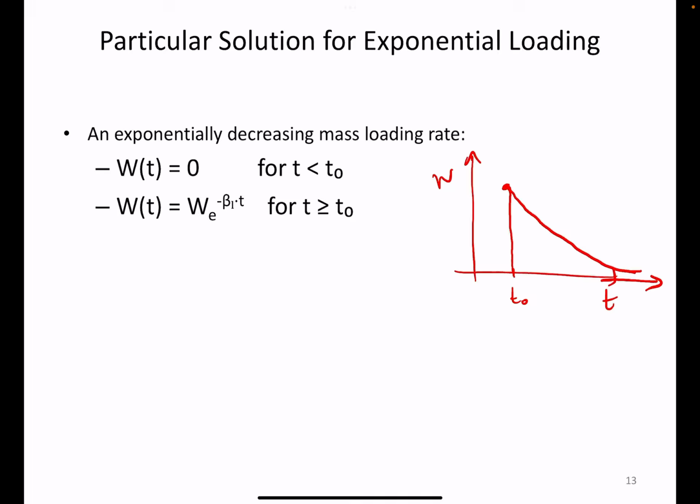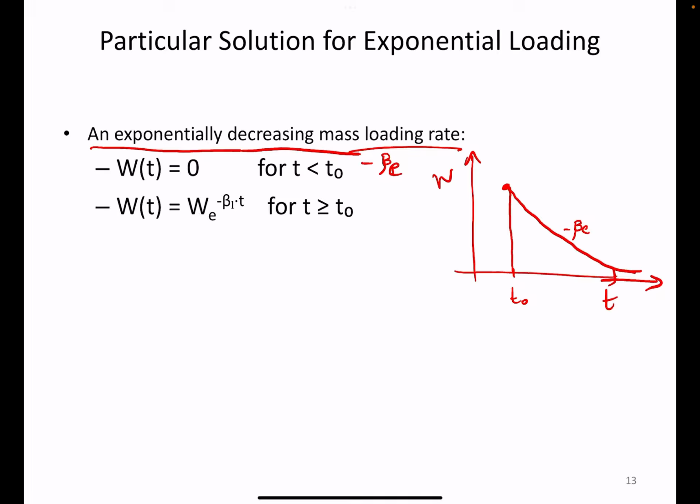This is an exponentially decreasing mass loading rate, and that's why we have to make it minus beta e, beta for exponential.